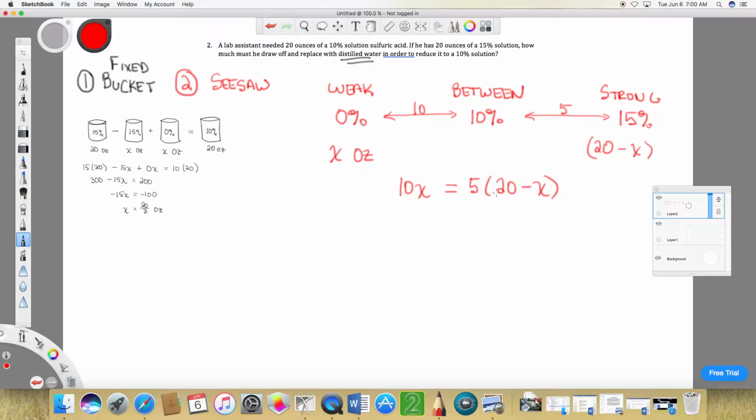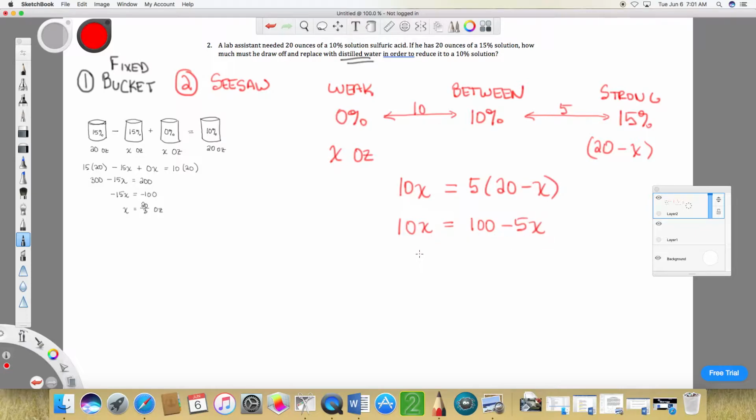So we have one equation and one unknown. Let's solve for this x. And we know that we should get 20 over 3 as our final answer, because x represented the same thing for each method. 5 times 20 is 100 minus 5x.